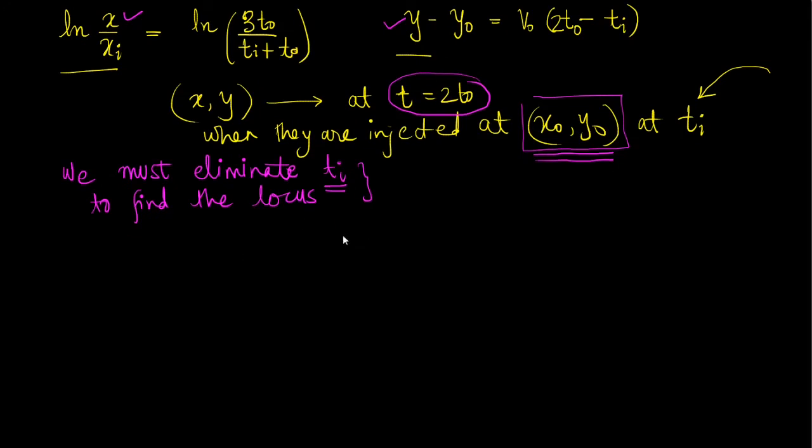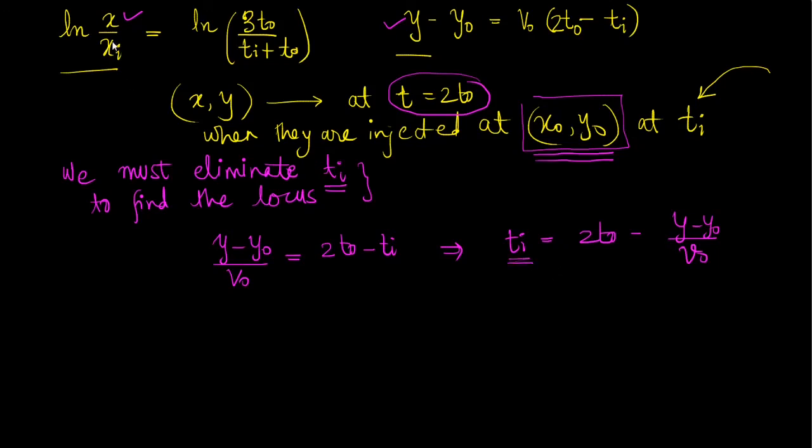It's simple. y minus y naught upon v naught is equal to 2 t naught minus ti. This implies ti is equal to 2 t naught minus y minus y naught upon v naught. Now we can substitute this value of Ti into this equation. This means x upon x i. So if I take an exponential of both the sides, the natural log vanishes.